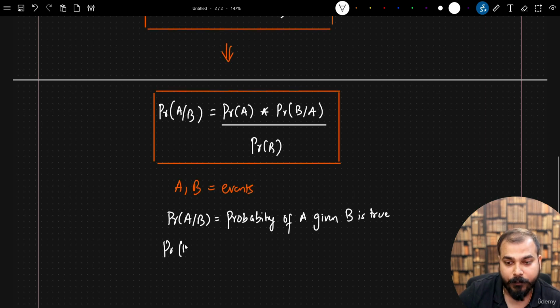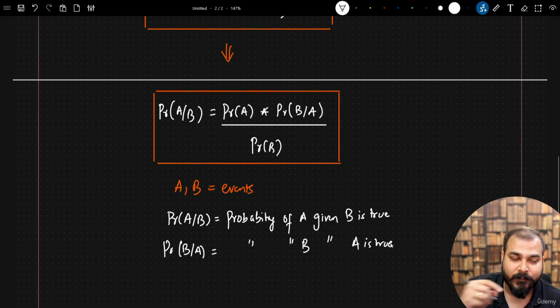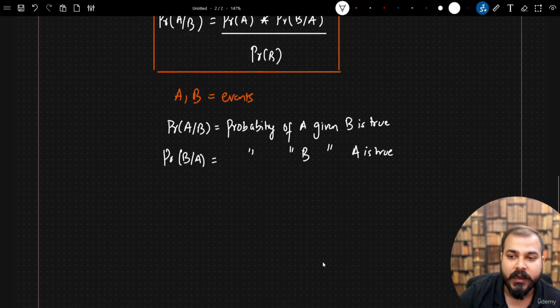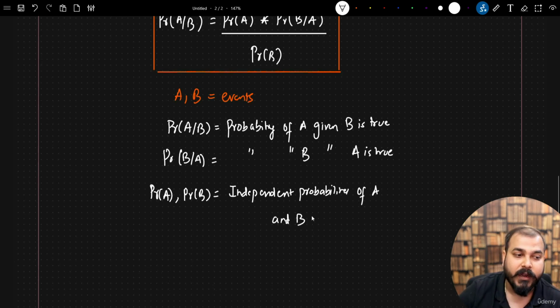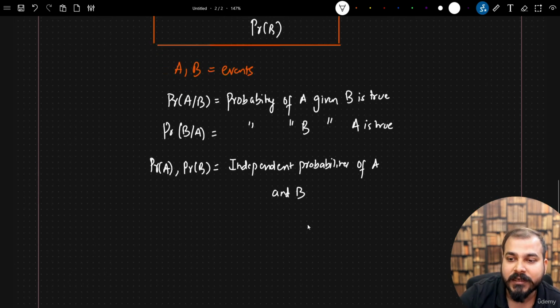Similarly, probability of B given A is probability of B given A is true. And probability of A and probability of B are independent probabilities of A and B, right?